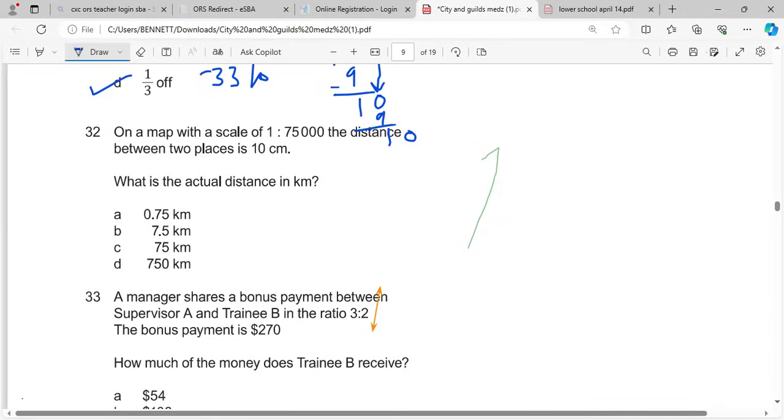Sir, anybody doing this one? No, if you want, you can do it. Sir, I have to work it out first. Sir, I think I got it.